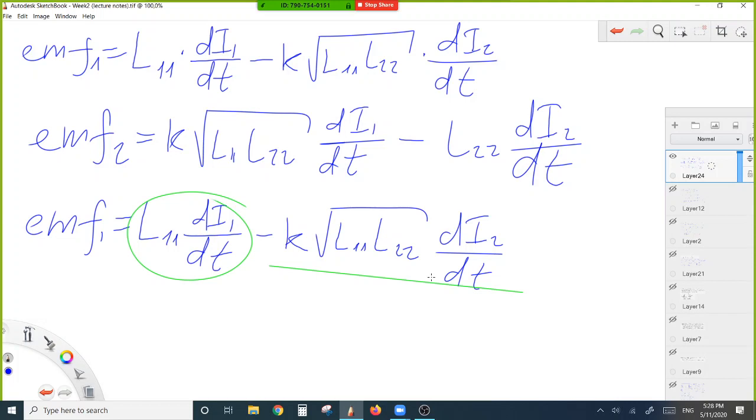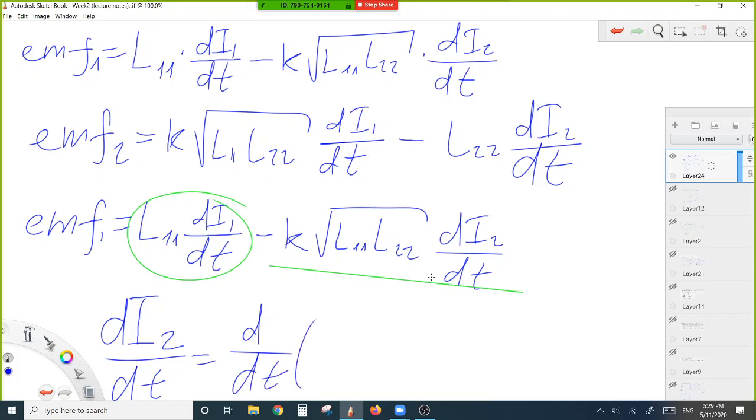For that reason, let's compute the derivative of di2 over the time. So this equals d over dt of i2, which was equal to 0.05 sine omega t.